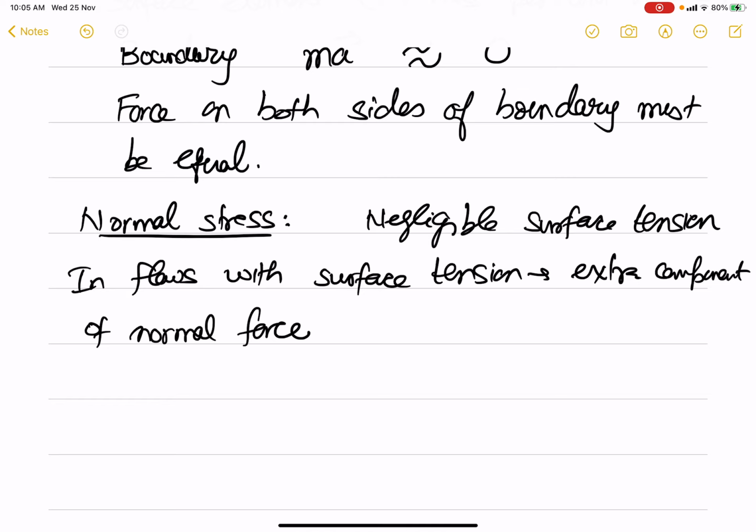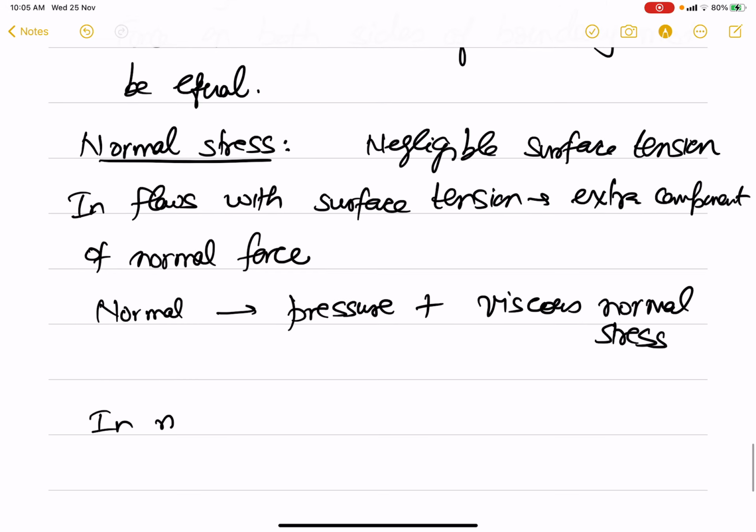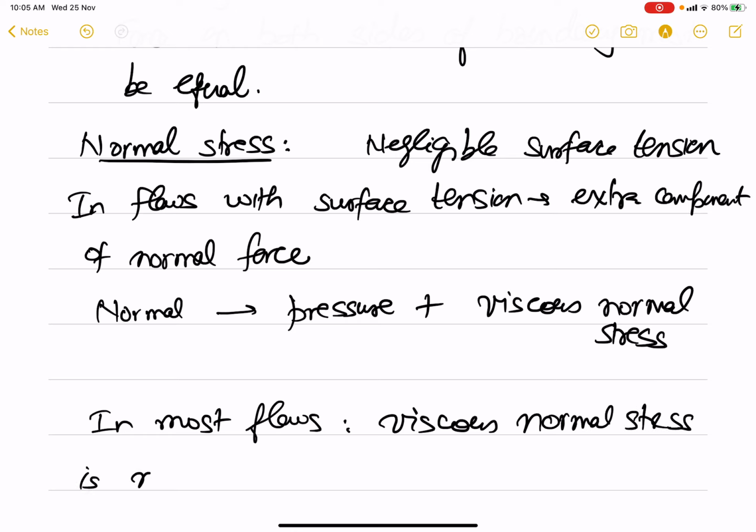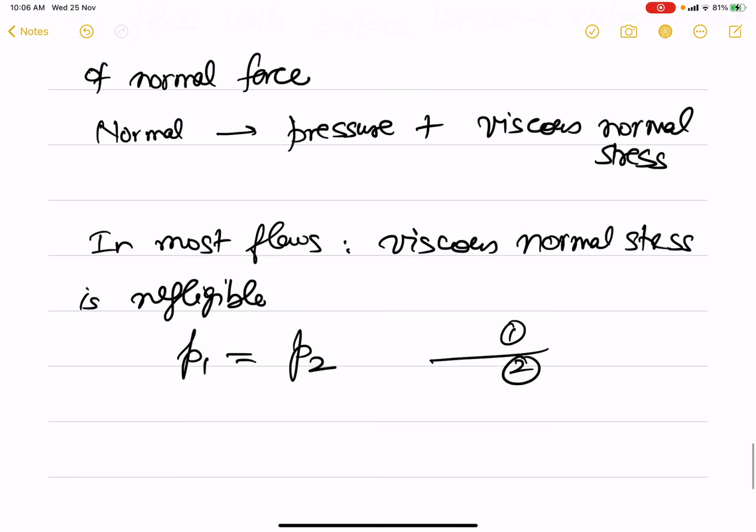Now, in flows with no surface tension, the normal stress will consist of pressure plus the viscous part of normal stress. And in most flows, at least the typical ones which we will do, the viscous normal stress is negligible, and therefore what we will get is pressure on side 1 will be equal to pressure on side 2.